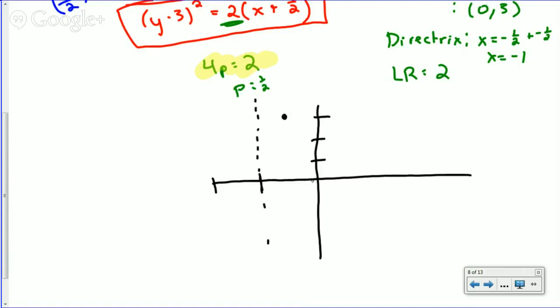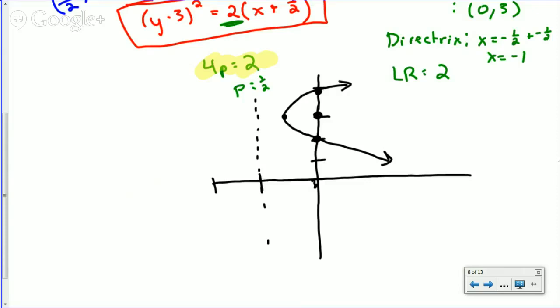We've got our focus at 0, 3. And we've got our LR of 2. So that's 1 down and 1 up. So I've got this parabola sitting in right here.